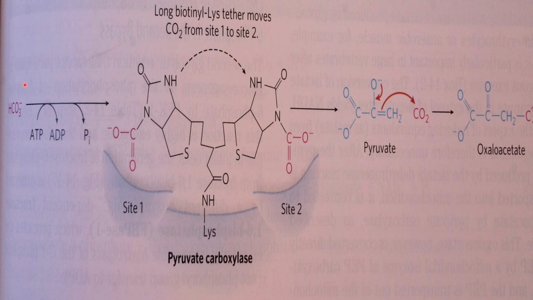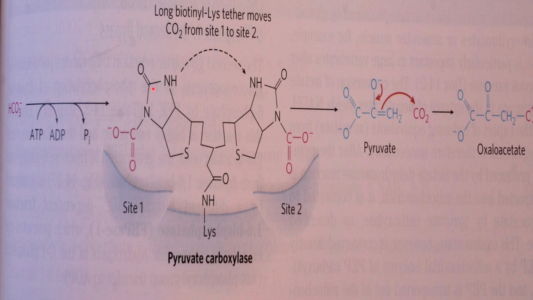This part is very interesting, and we will see this right here. So we have the bicarbonate in solution. Biotin is the intermediary molecule, and there is a long biotinyl lysine tether from this point. So this is the enzyme which has site 1. There's lysine here at site 2, and the carbon dioxide is attached at this point.